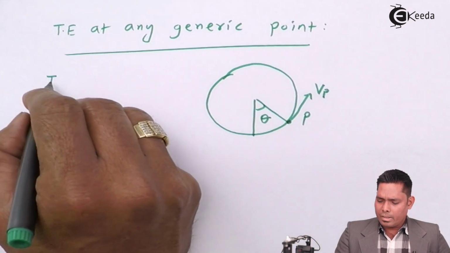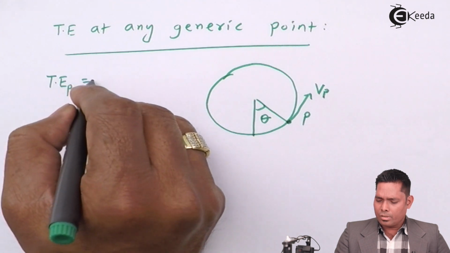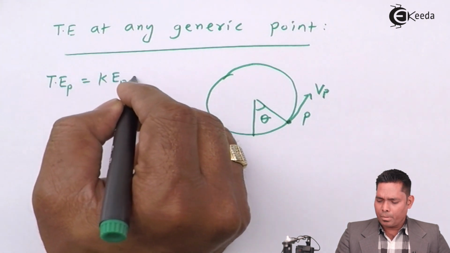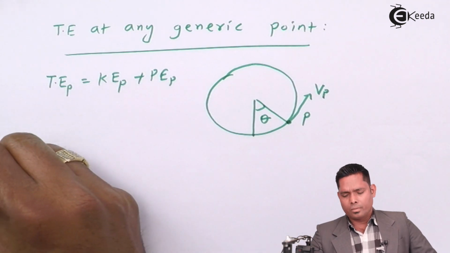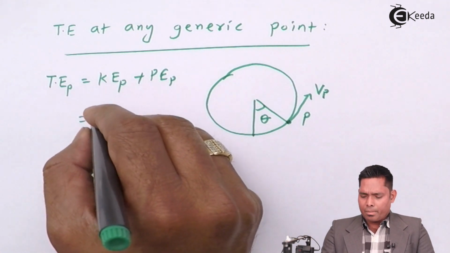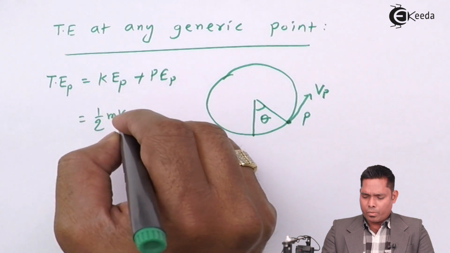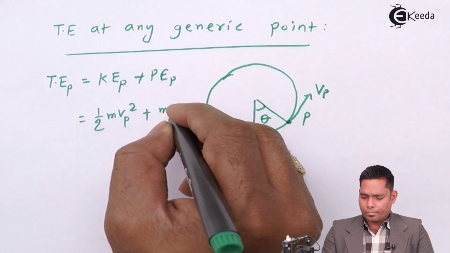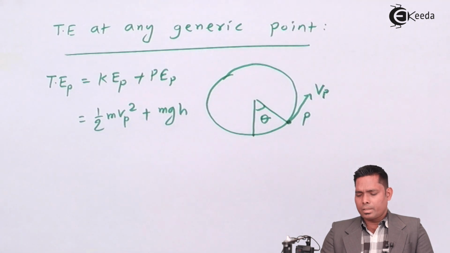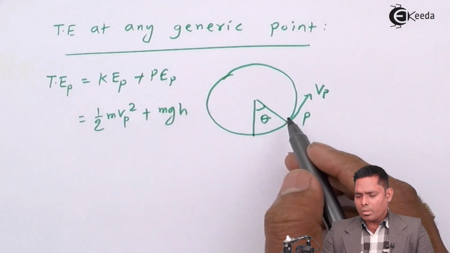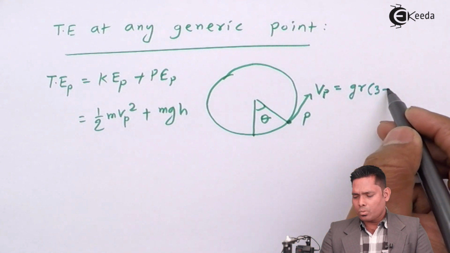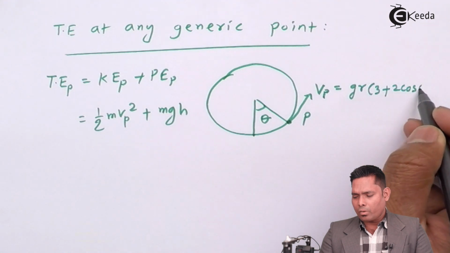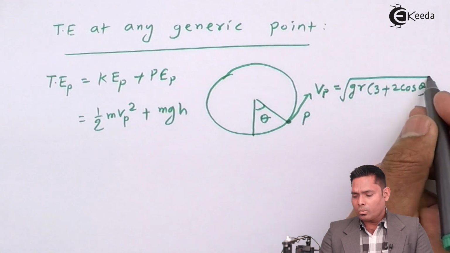The total energy at point P is the sum of the kinetic energy at point P plus the potential energy at point P. Kinetic energy is half m Vp squared, and the potential energy is mgh. For Vp squared, we already have the expression at any position: it is gr(3 plus 2 cos theta), which we derived in our earlier video.